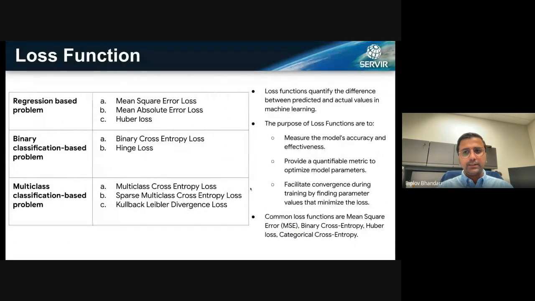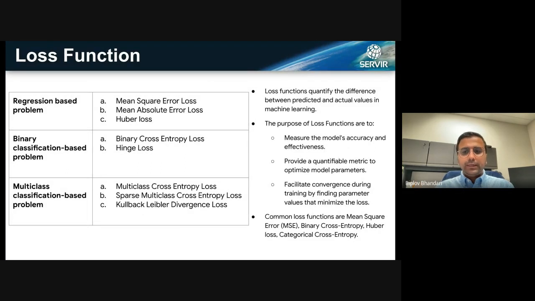A loss function is a mathematical function that helps you quantify the error between your network's output and the actual label value. It helps you converge your training by finding an optimal value that would minimize that loss.